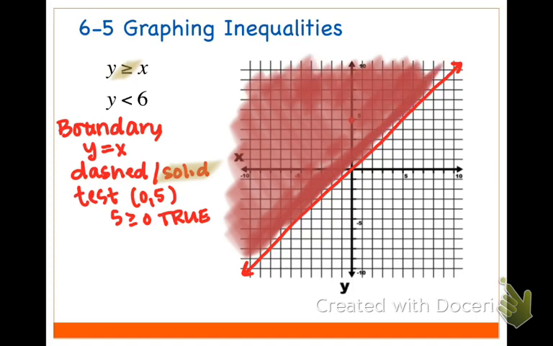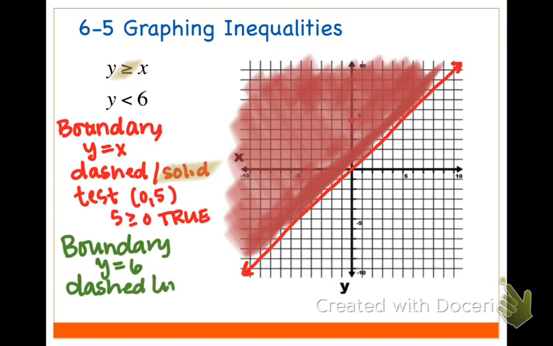My second inequality, if I do that one in green, some beautiful Christmas colors here, is y is less than 6. So my boundary line is going to be y equals 6, but this time I do want it to be a dashed line. I want it to be a dashed line because that is a strict inequality.